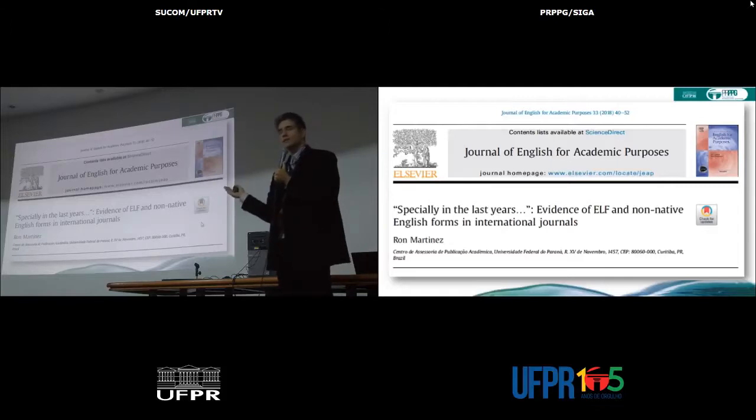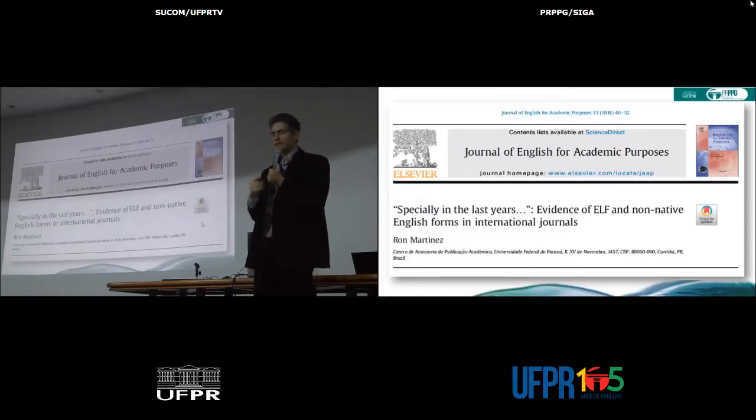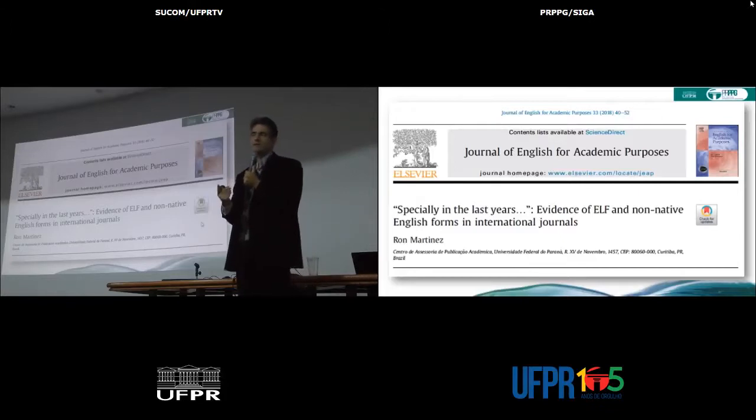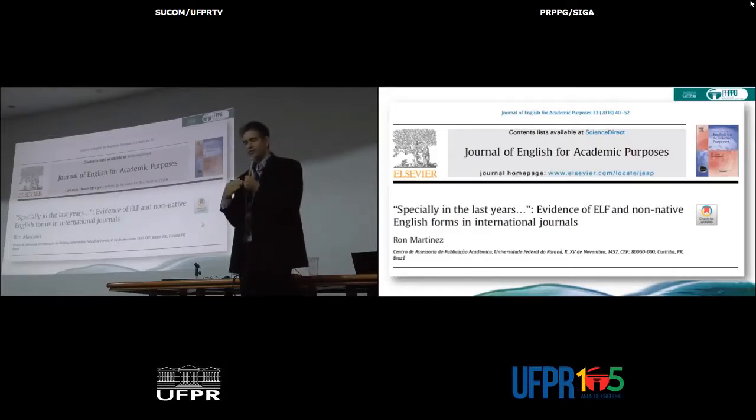I chose this because I felt that people who received this manuscript, especially if they were highly proficient speakers of English, would notice that there was something strange about this quotation, that it wasn't conforming to canonical uses of the language, especially in the last years, which I would write more like, first of all, there's an E missing for me, especially in recent years or something like that.